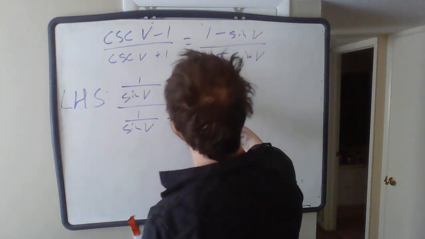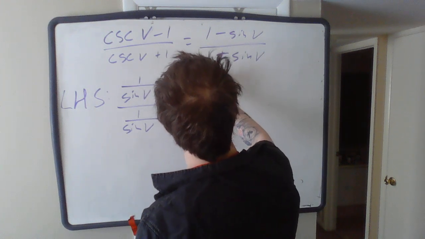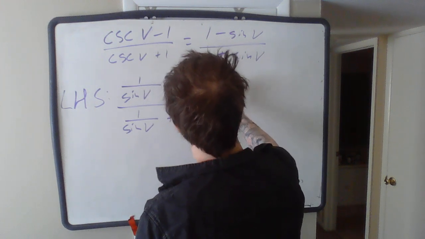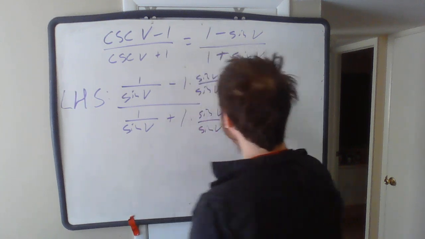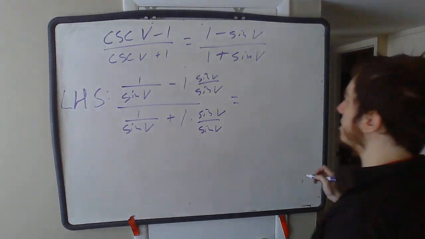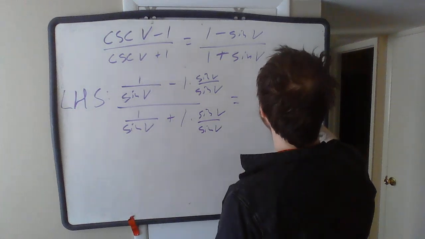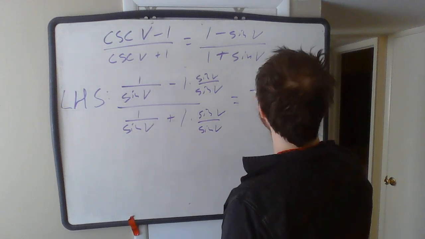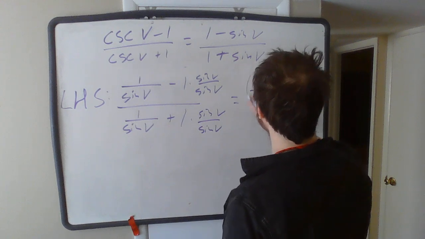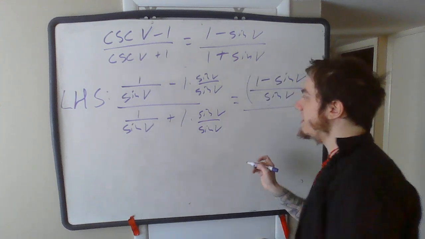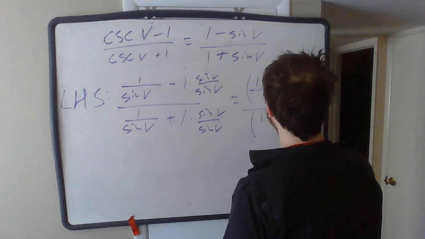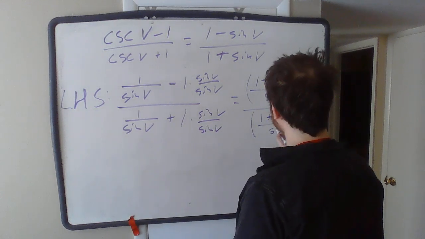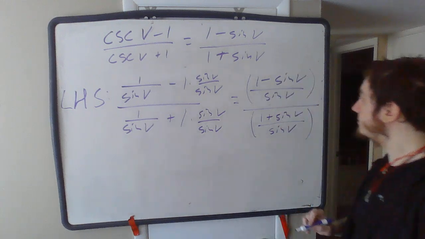So I would need to multiply this by sine v over sine v, and this by sine v over sine v. So this would become 1 minus sine v, all divided by sine v. And then that whole fraction is going to be divided by 1 plus sine v, divided by sine v.